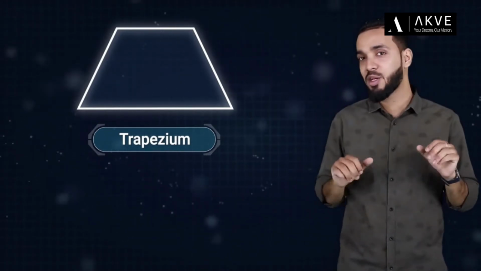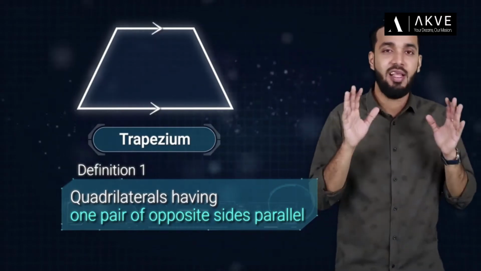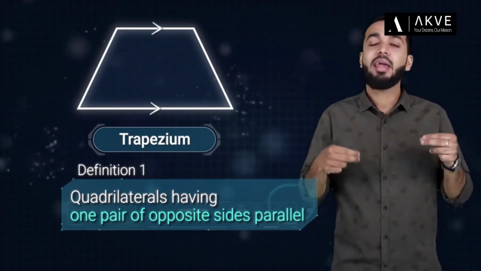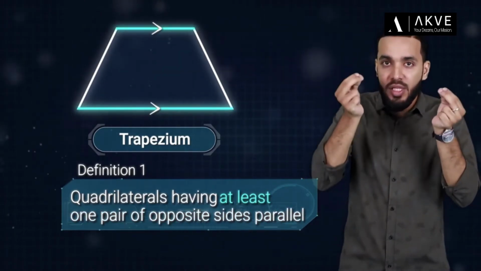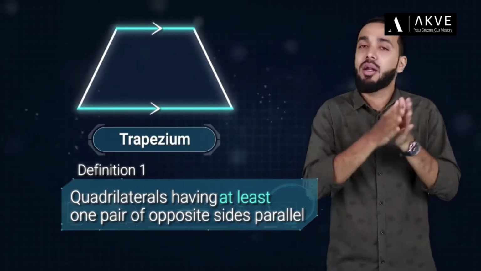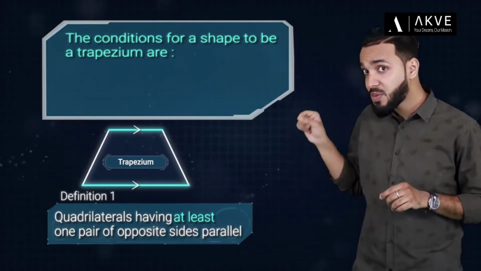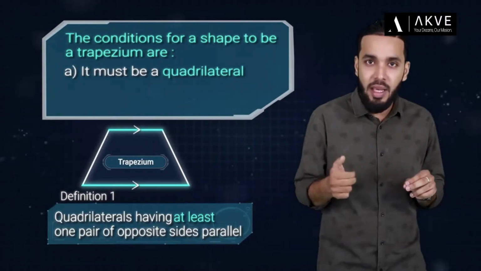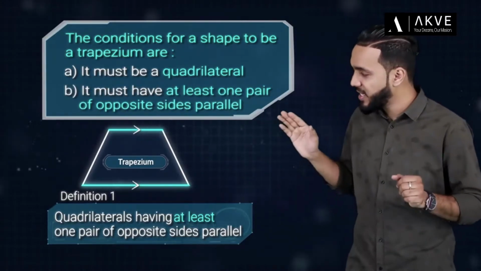We define trapeziums as quadrilaterals having one pair of opposite sides parallel. Here, the implied meaning is at least one pair of opposite sides is parallel. So basically, for a shape to be a trapezium, the conditions are: A, the shape must be a quadrilateral, and B, it must have at least one pair of opposite sides parallel.